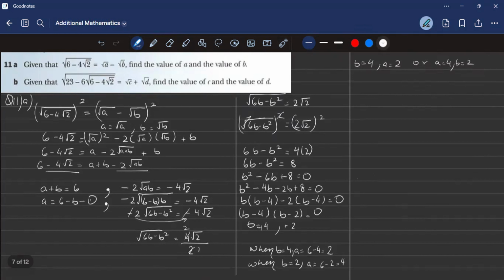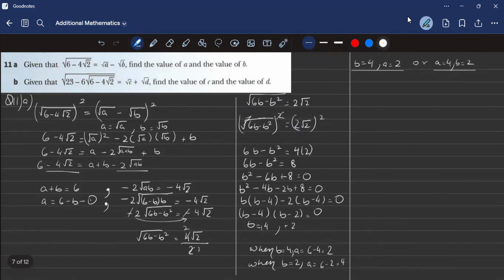Okay. So what we are going to do here is first of all simplify these two values to get one value. What I mean by this is, we can't go on with two values because in the second question we have to find 6 minus 4 under root 2, an under root inside another under root. So we'll use this value right here. However, we have to shortlist our answer into one.